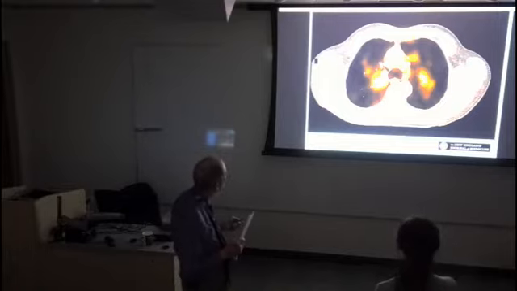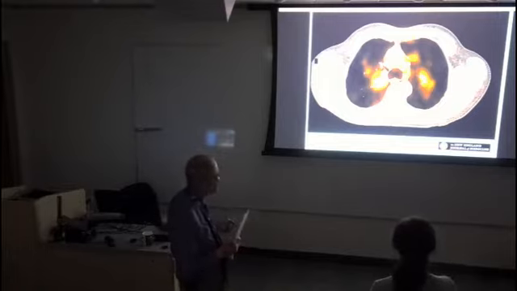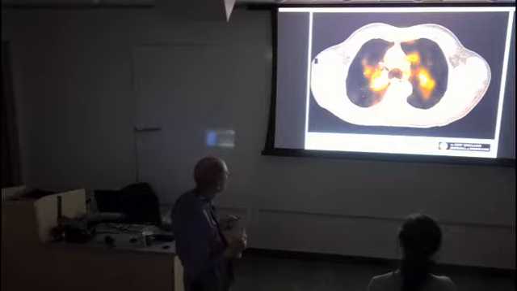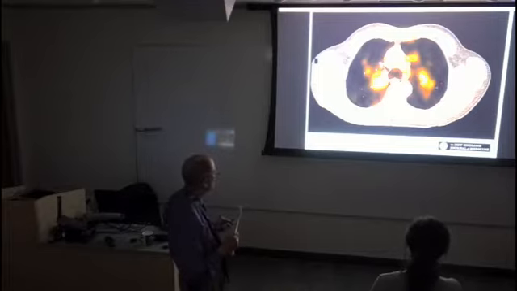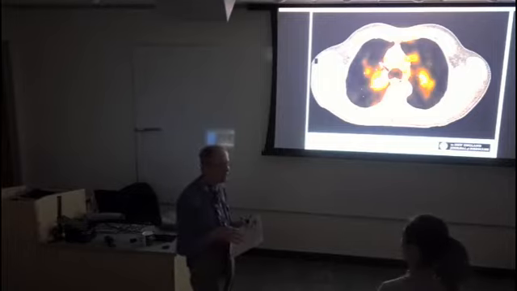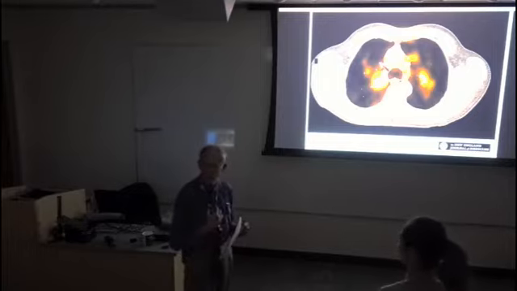Well, this is what we call a fusion image. Remember the PET, CT? The colors that you see are the PET part, and what looks like a CT is the CT. The reason we do this is to figure out the anatomy.